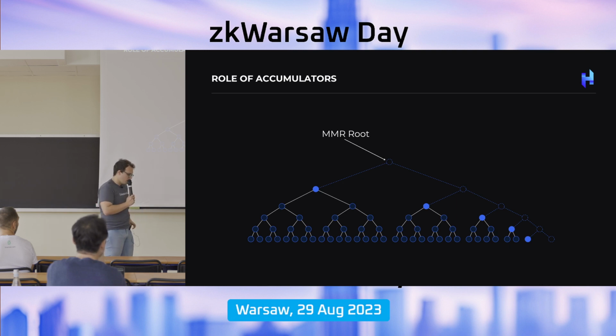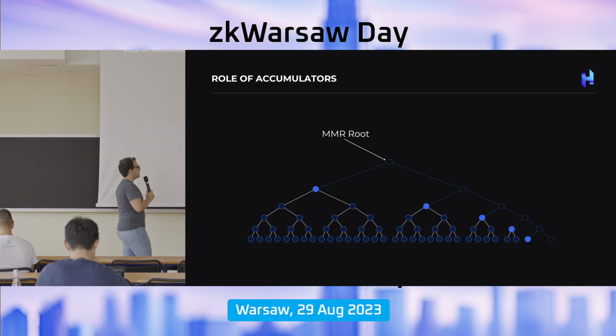Just to give you some mental model, you can think of it as a list of Merkle trees, basically. It's a brutal simplification, but let's stick to it. Yeah, and basically every time I iterate through the chain, I will just append a block hash to the Merkle Mountain Range. So the output of my final computation would be a root of Merkle Mountain Range, which probably contains only valid Ethereum block headers.